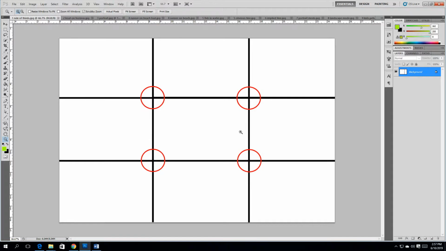The other part of the rule of thirds is where those lines cross, which I'll refer to as cross points or hot spots. Those are good places to sort of situate focal points. That's not to say they need to fit inside there, but that a focal point might be aimed or centered toward this point, this point, this point, or this point. So, we're going to see that in action.